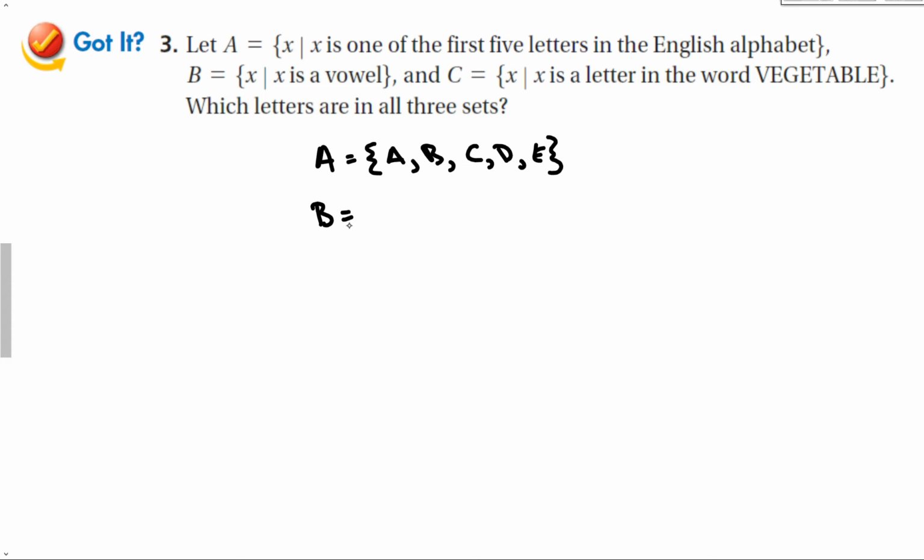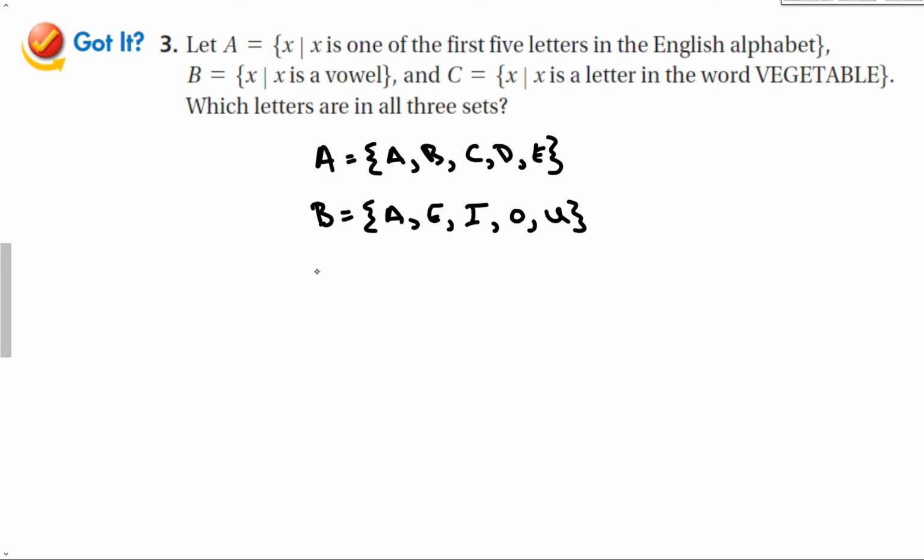So set B is going to be A, E, I, O, or U. We're not going to include Y, right? A, E, I, O, or U.